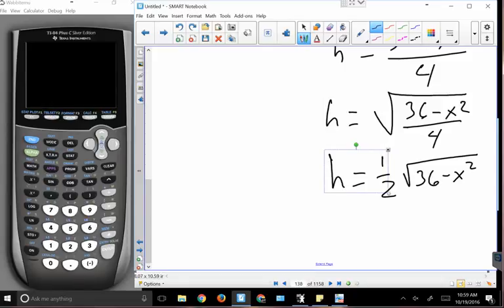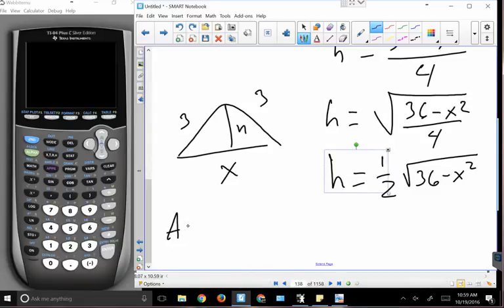So when I get back to that triangle now, where I got h here, and I've got x going all the way across, in 3 and 3, the area for this thing turns out to be base times height divided by 2. What's the base? Base is x. What's the height?